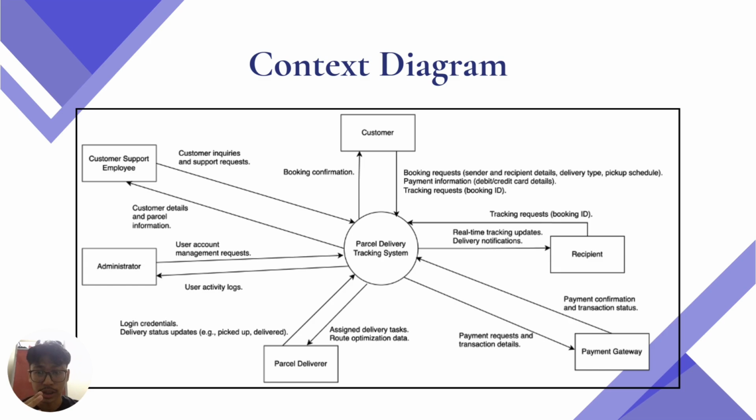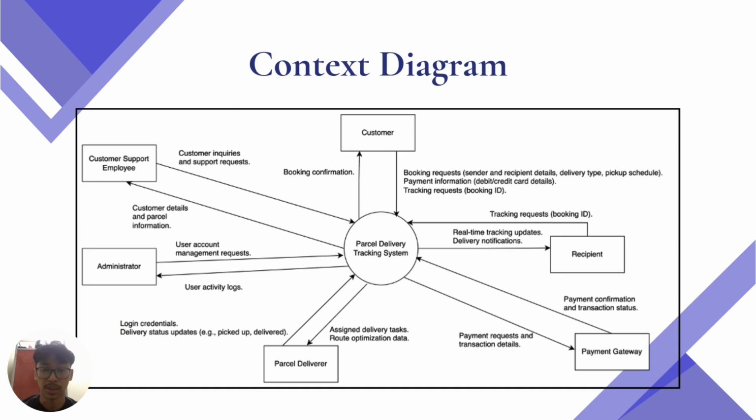Meanwhile, the recipients use the system to track parcel status and receive delivery notifications, in which it actually helps them stay informed throughout the entire delivery process. And next, the payment gateway is another crucial component, in which the payment gateway processes secure online payments to facilitate parcel bookings and also other transactions.